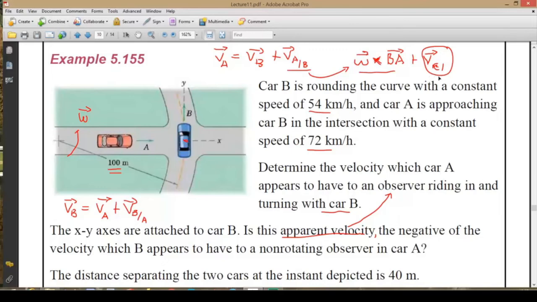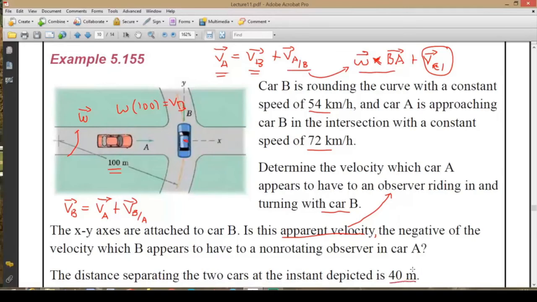We want to find out this V relative. What do we know? We know velocity of A. We know velocity of B. We can calculate omega, as omega times 100 meters is going to be equal to velocity of B. So we can find omega. The BA distance is given to us as 40 meters at that instant.